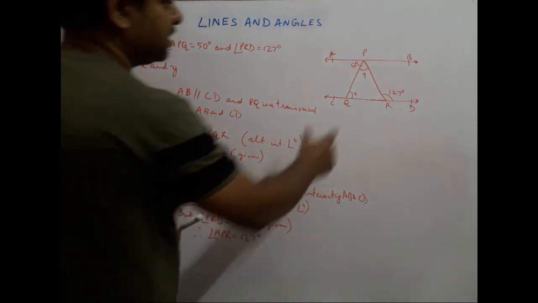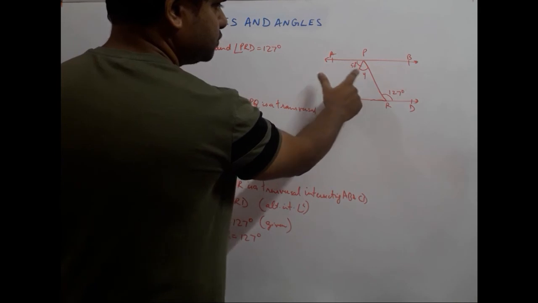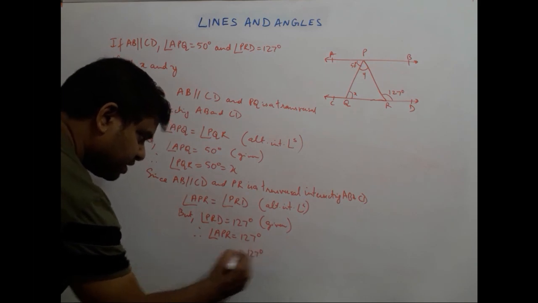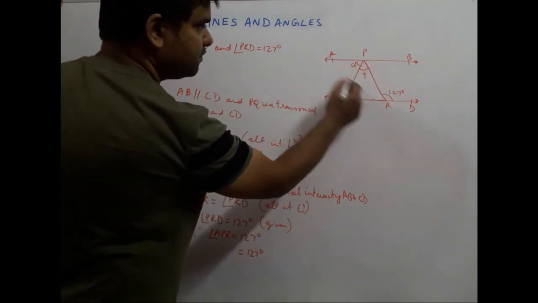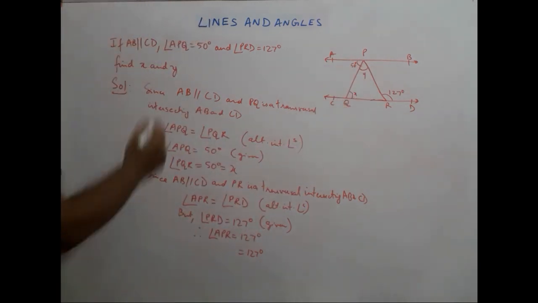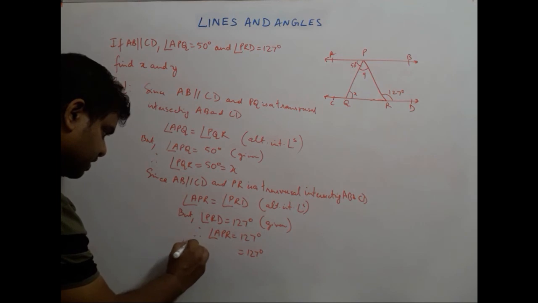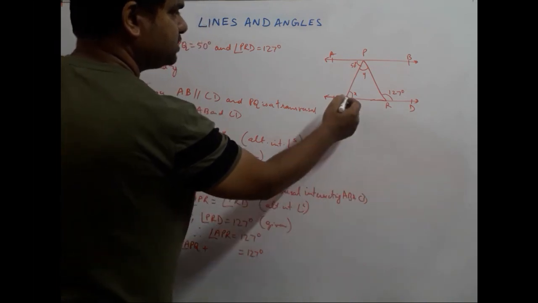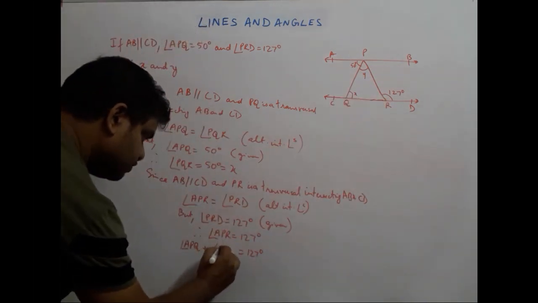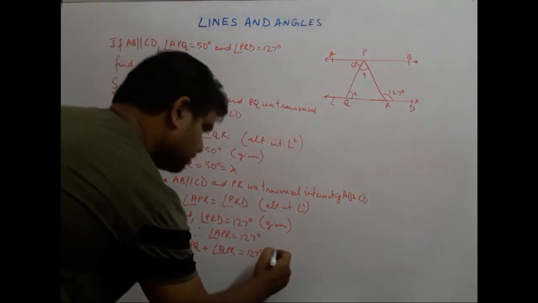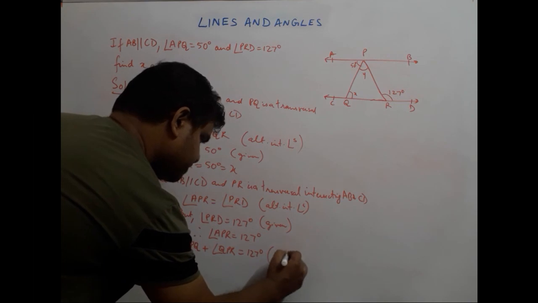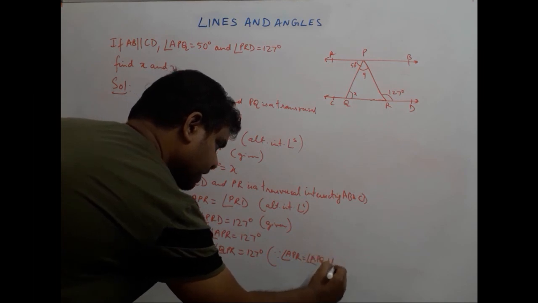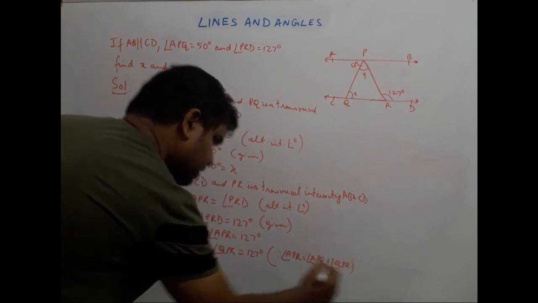But we can write angle APR as the sum of these two angles, angle APQ plus angle QPR.